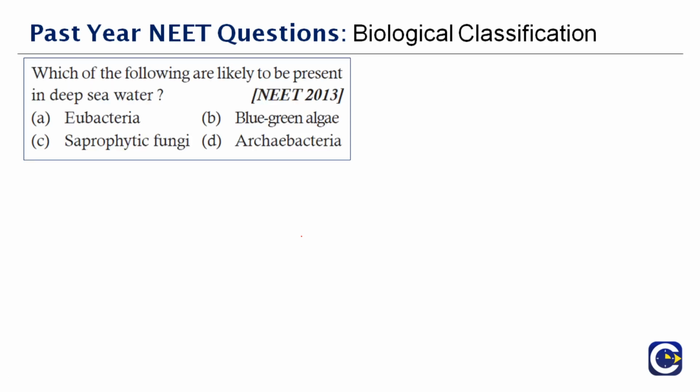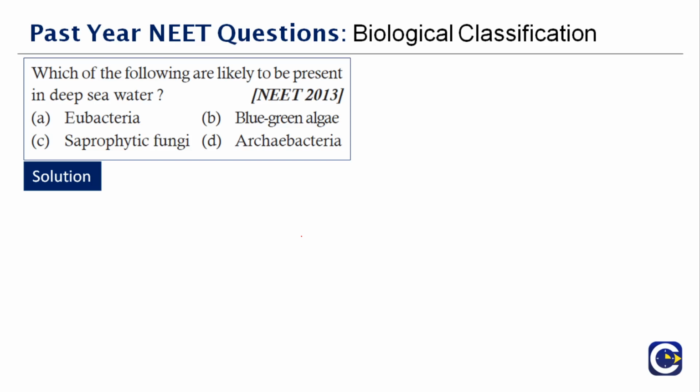Okay, next question here. Which one of the following is likely to be present in deep sea water? We all know that sea water is rich in saline, that is rich in salt. So it is one of the extreme conditions that a bacteria can survive, right?